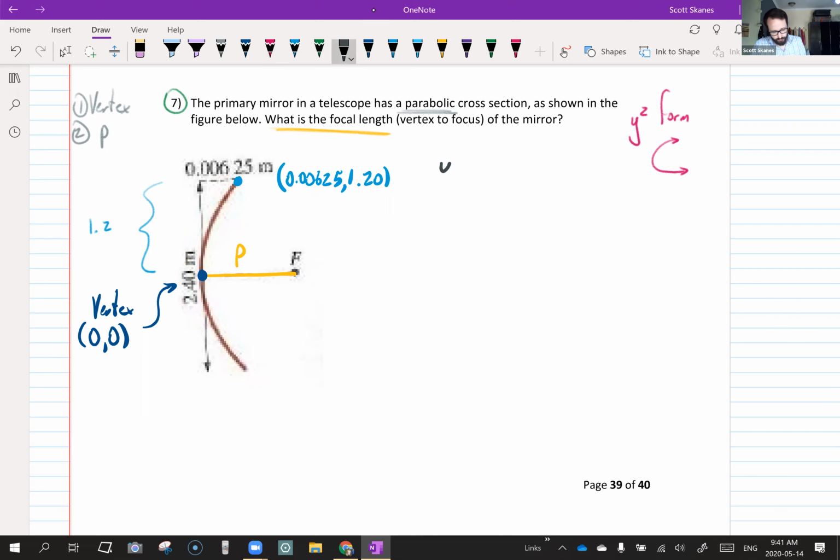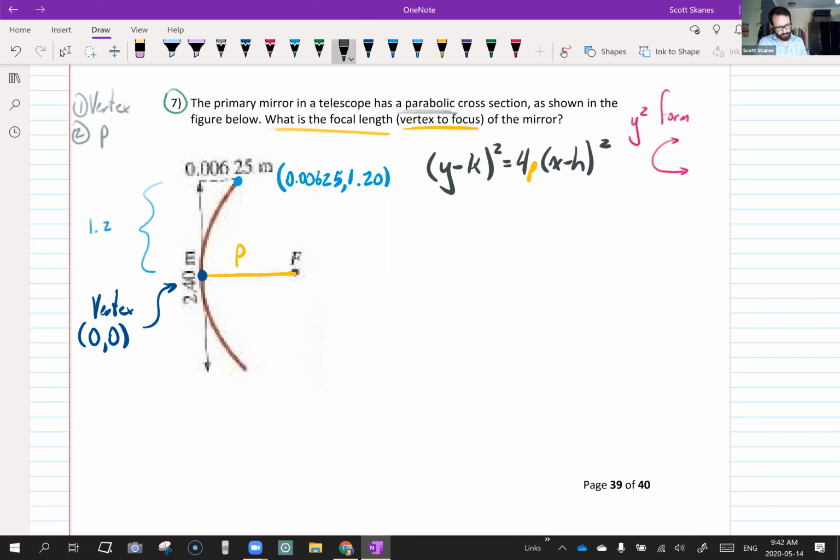So y squared form parabolas look like this. In this case, because we don't need 4p anymore, we need p, we're just looking for that p value. That is the distance from the vertex to the focus. That is the focal length. It even says that: vertex to focus, that is the distance. We just need to find p.